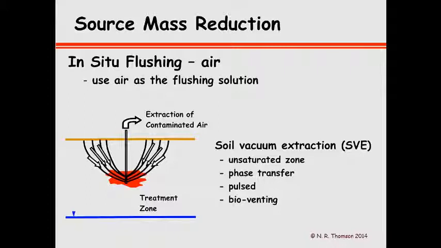Works, as I said, in the unsaturated zone, involves a phase transfer to the air phase, can be operated as a pulsed case, and in some areas that might be called bioventing, because you're actually encouraging atmospheric air that's enriched with oxygen to come into the source zone, and you shut down the extraction system and allow the oxygen to act as an electron acceptor.